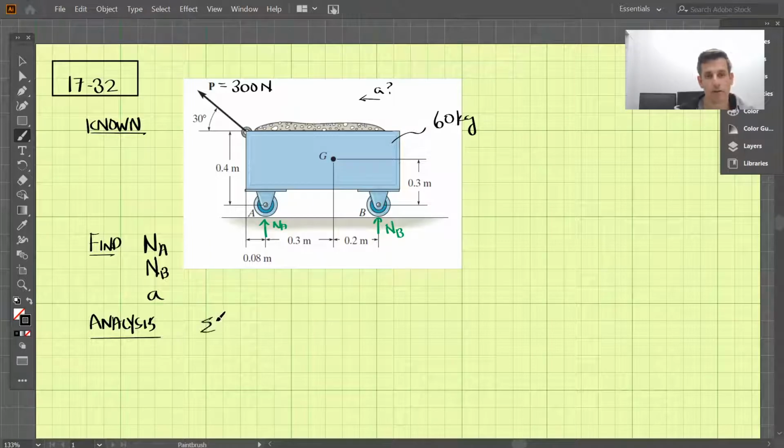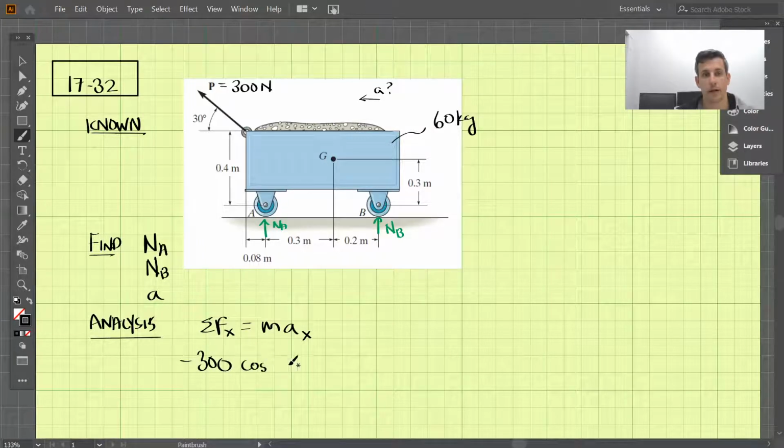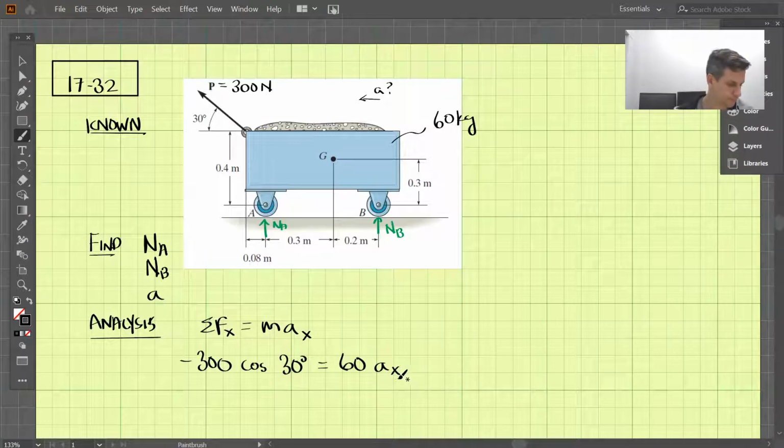So let's first take the sum of the forces in the x direction, and we'll set those equal to the mass times the acceleration in the x direction. We have negative 300 cosine of 30 degrees, the projection of this in the x direction, equal to the mass, 60 kilograms, times a_x.